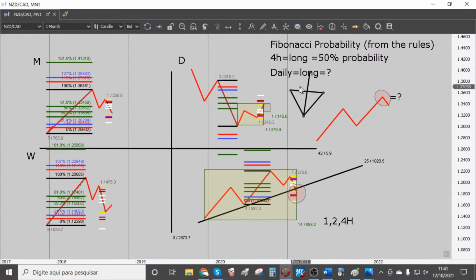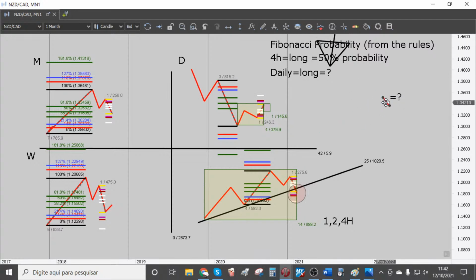Now the daily is down. So we address the original Fibonacci and the contrarian Fibonacci from the 4 hour chart, and we have a 50% probability. Now, if we address the daily chart with the same logic, we are addressing the original Fibonacci and the contrarian. So if we would say, okay, let's short the market on the daily, we would have a 50% probability trade.